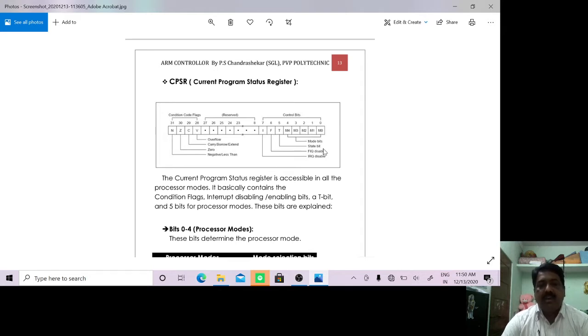Here we already know that the ARM processor works in user mode as well as in privileged modes.